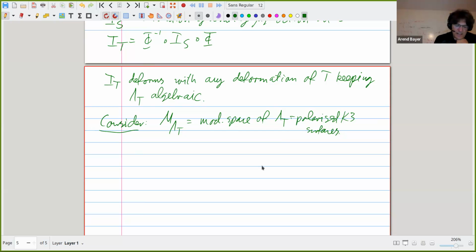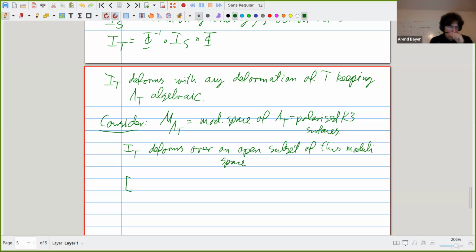Anyway, then I_T deforms over an open subset of this moduli space. And then over the special point, this involution generates a mu2 action for which there's a cohomological criterion.